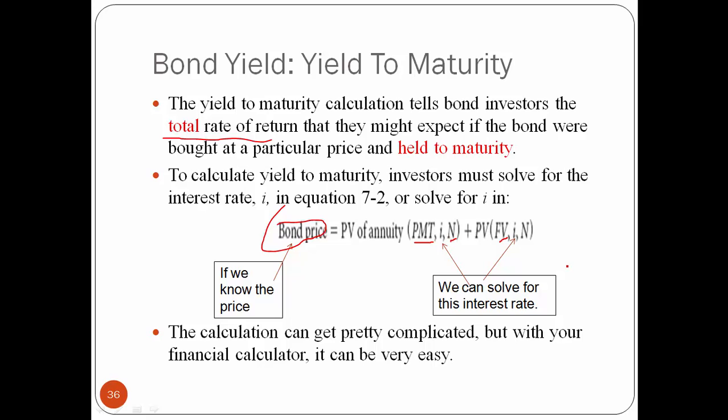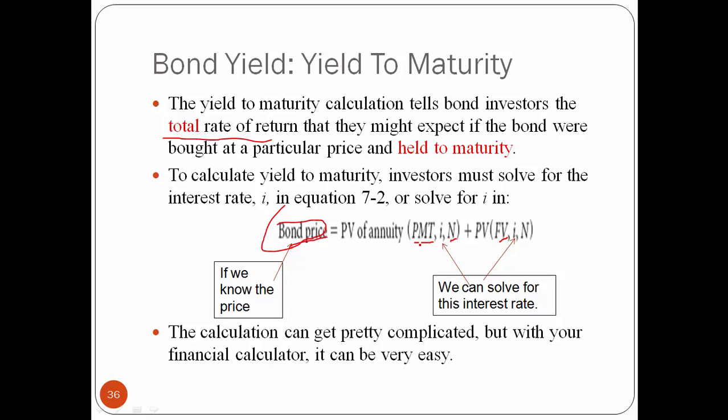Remember, bond payments include all those coupon payments and a final par value payment, right? So you're comparing what you have to pay as the price of the bond and what you can receive, including the coupon payments and the future par value payment.